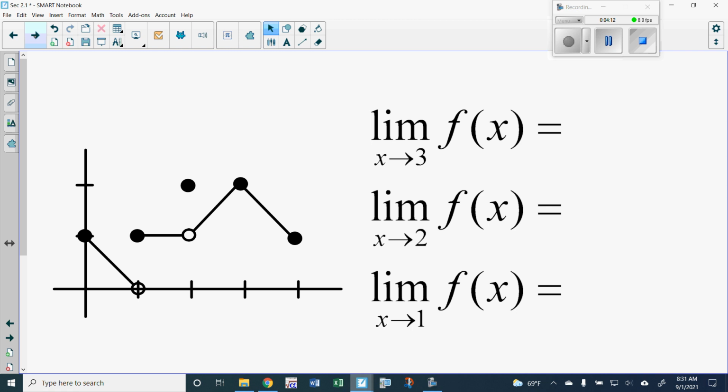So I'm going to let you write down these answers before we say them out loud, so don't spoil it for anybody. So looking at this graph, what is the limit of f of x as x approaches 3? So write down the answer. As x approaches 3, what's the limit? And the answer is 2.